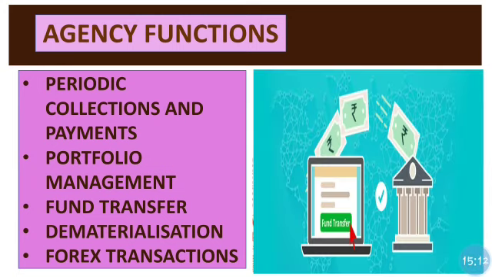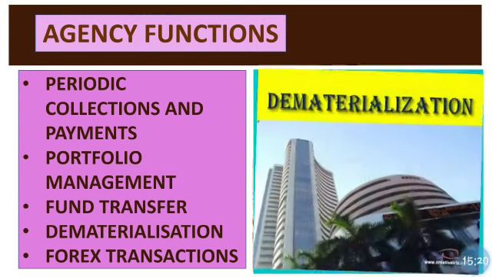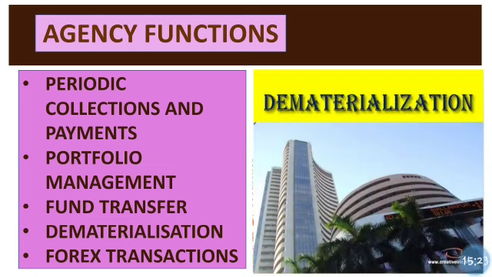Next is fund transfer. Fund transfer is done from one branch to another branch. Next is dematerialization. Now what is dematerialization? Sometimes some clients want to buy and sell securities in an electronic format.